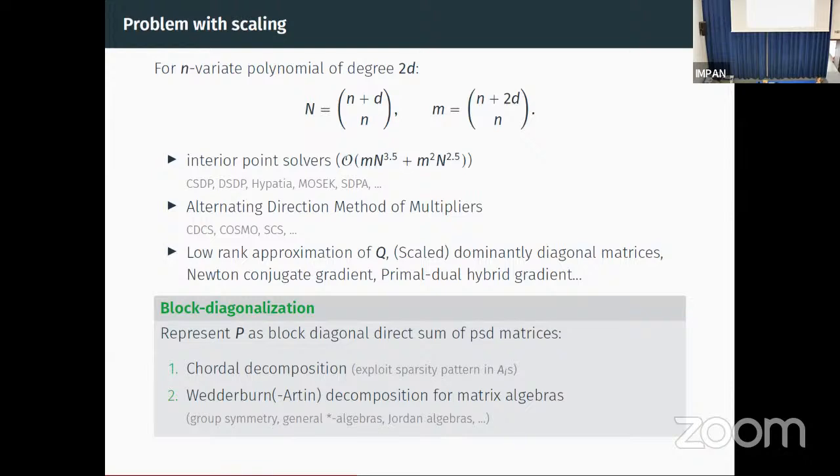One way of doing this is to use chordal decomposition, which exploits the sparsity in the constraints. And what I would like to tell you about is the Artin-Wedderburn decomposition that is derived from group symmetry. In some sense, what I'm telling you now is old history from 100 years of mathematics.